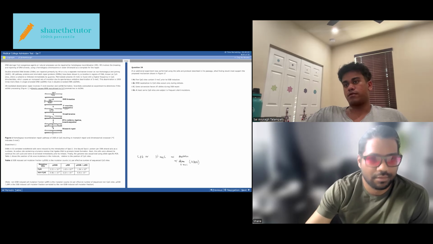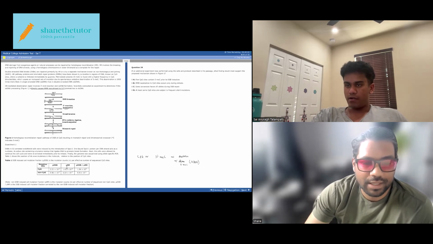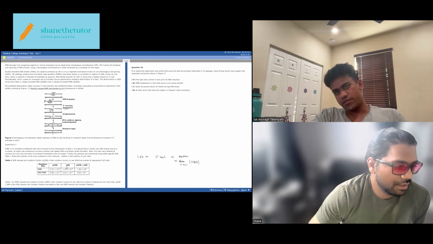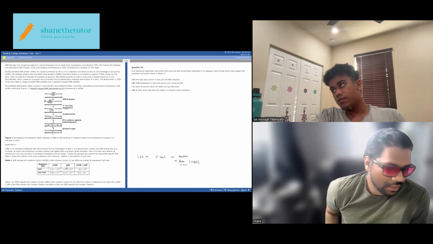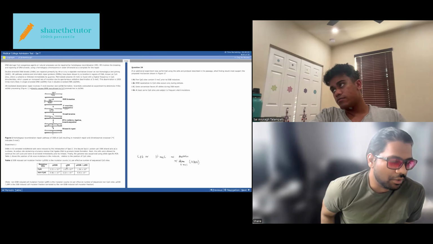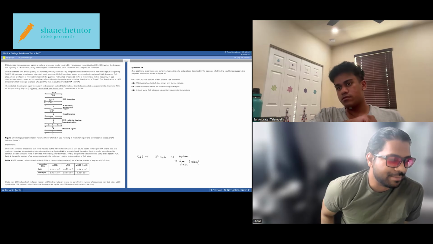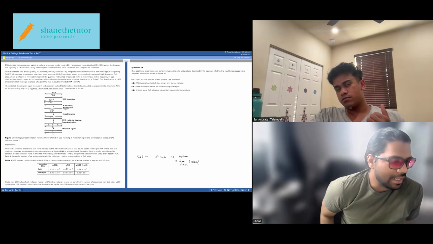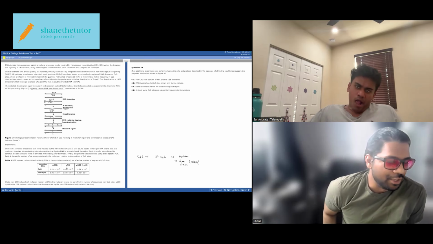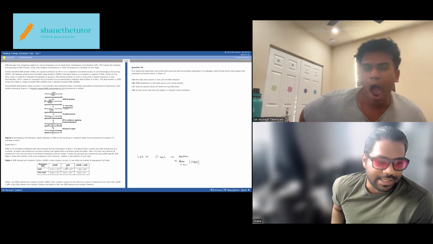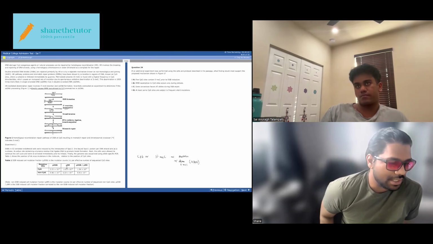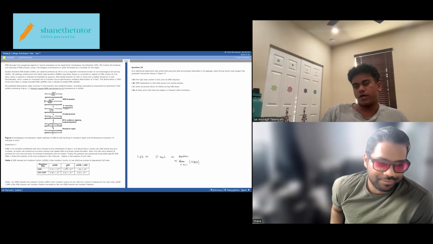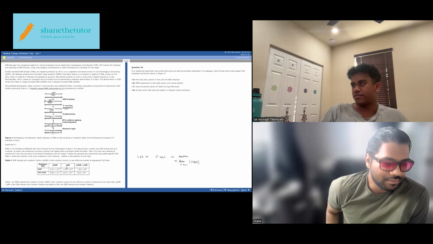And then what's the mu NR here? The mu DSB is the DSB induced cell mutation fraction, right? And then the mu NR is the non-DSB induced cell mutation fraction. Oh, okay, that makes sense.